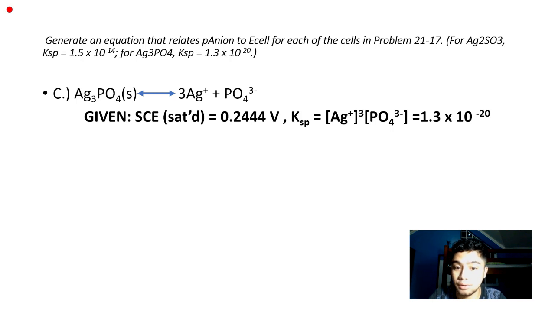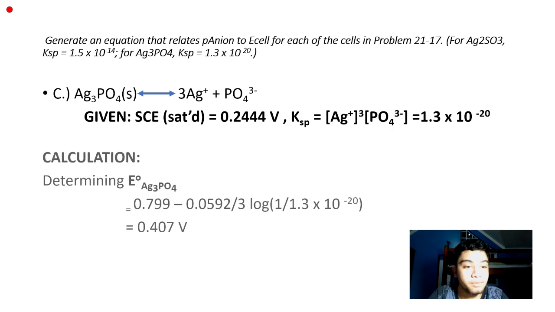So we're going to recall again how to formulate the KSP. Since the Ag has a coefficient of 3, we transform that 3 into its power when using the KSP formulation. So that's why we can see that the Ag has a power of 3.